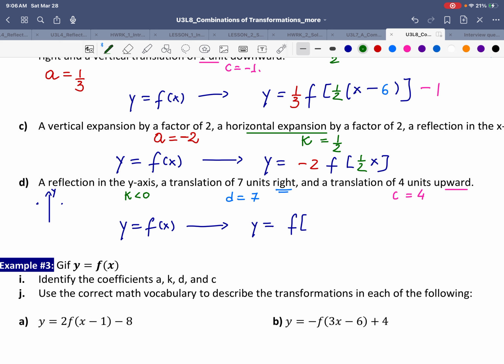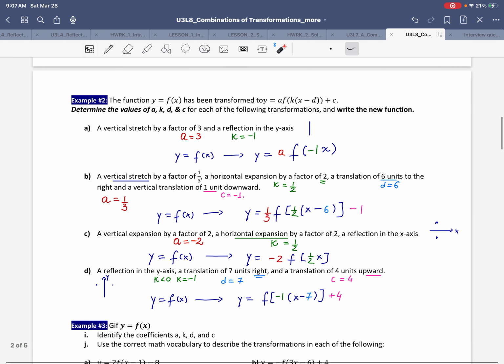We're not mentioned any stretches in the horizontal direction, which confirms that k is simply negative 1. And then we have x minus the horizontal translation 7 to the right, and then plus 4, which is the vertical translation. And this will be the equation of the transform function. One more time, when the coefficient is negative 1, you can just simply write the negative sign.